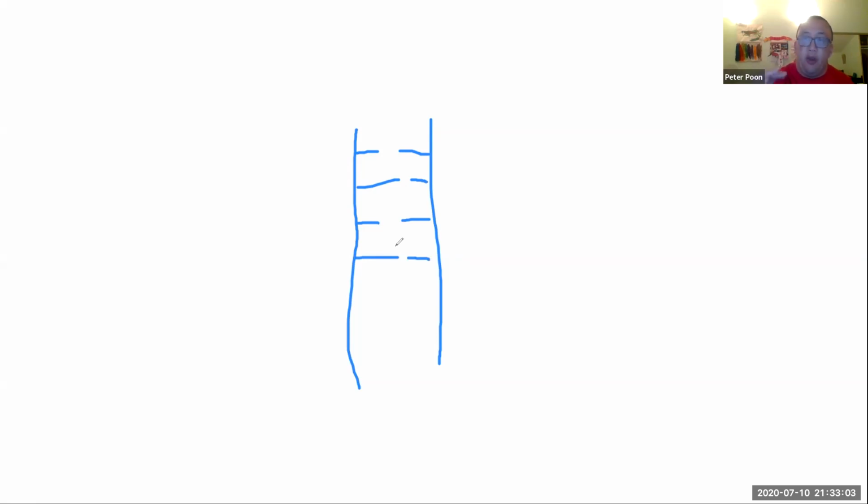I showed you that earlier. A helicase comes down the middle and separates the two chains. It comes down this way. The way we usually talk about it is unzipping. It literally unzips the DNA.